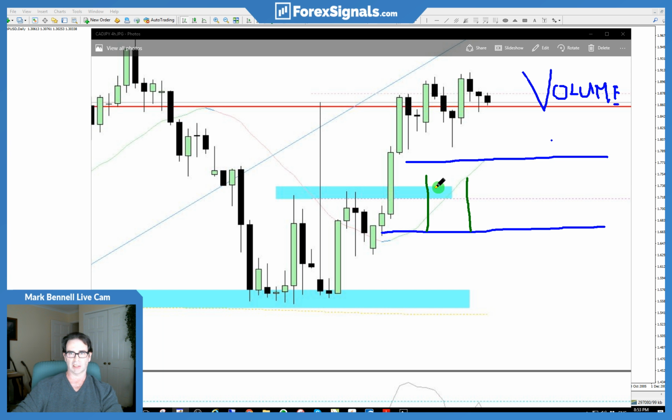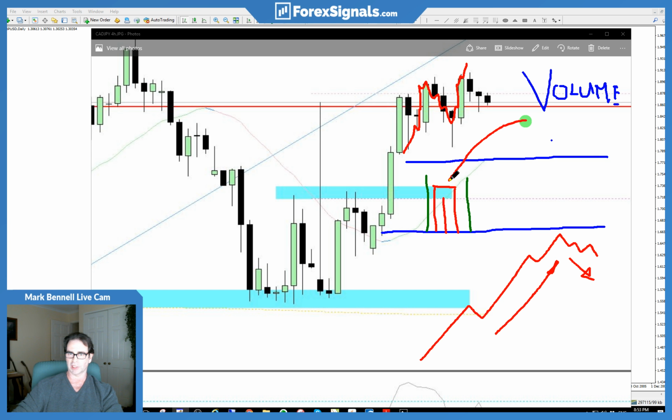Then, inside, I want to see 3 bars with lower volume. Just like any good pullback, I want to see increasing volume, decreasing volume. So we broke this up, pulled back inside, and then a push out the other side. So this is the volume signature that I want to see surrounding this pattern.